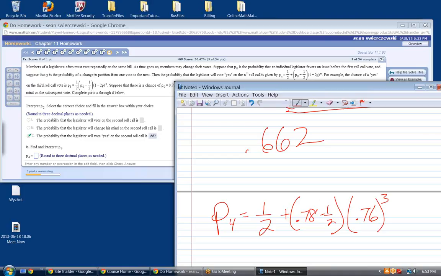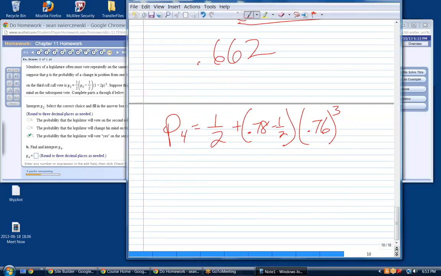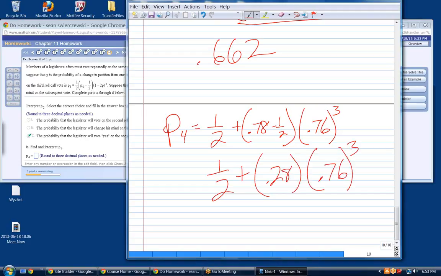Oh, I got mixed up here. Can you see this on my whiteboard? So it should be 1/2 plus 0.28 times 0.76 cubed. Why is it cubed? Because it's to the 4th, excuse me. Good catch.